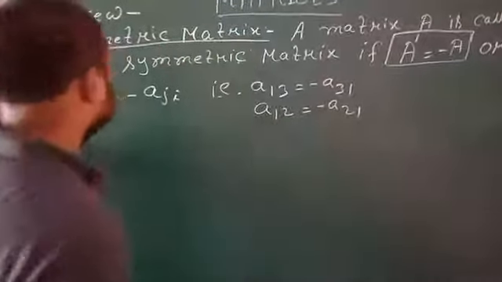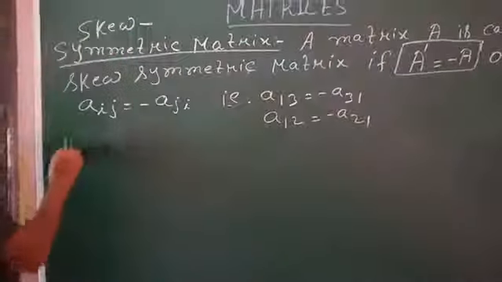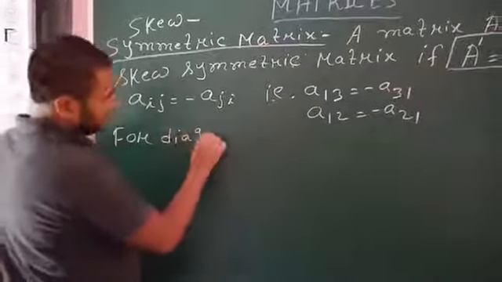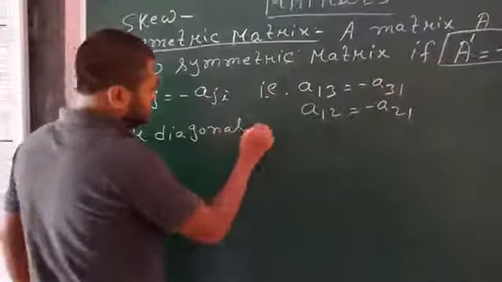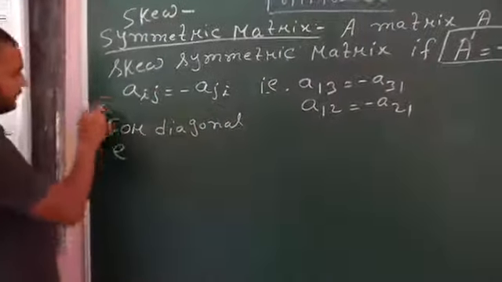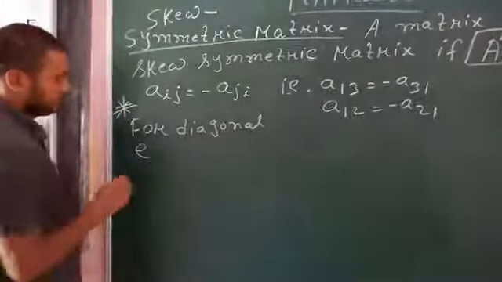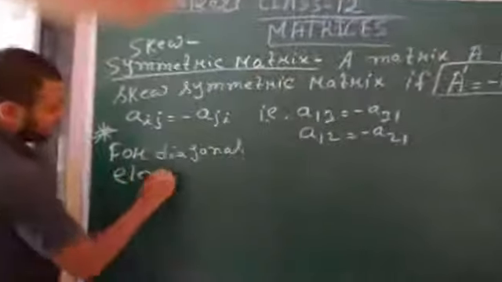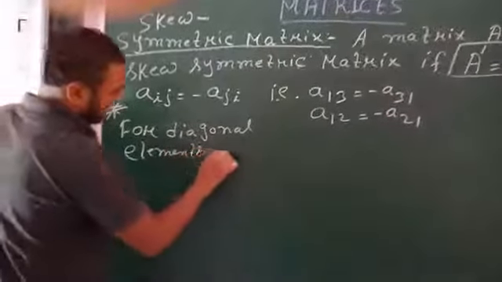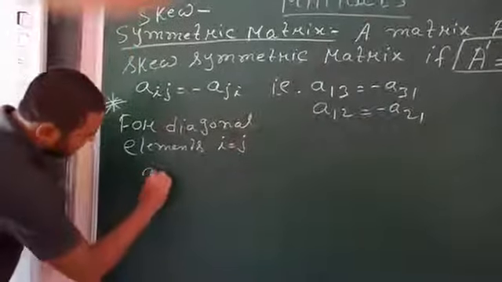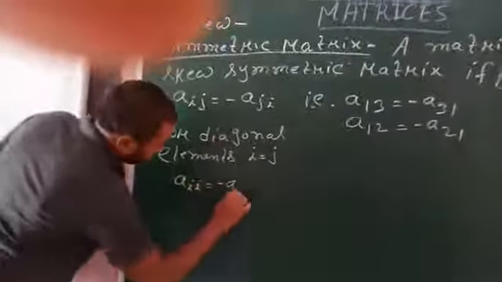Now if I take the diagonal elements, this is very important. What happens for the diagonal elements of a skew symmetric matrix? Aii should be equal to minus of Aii.